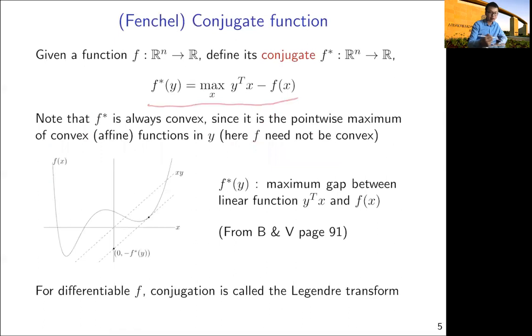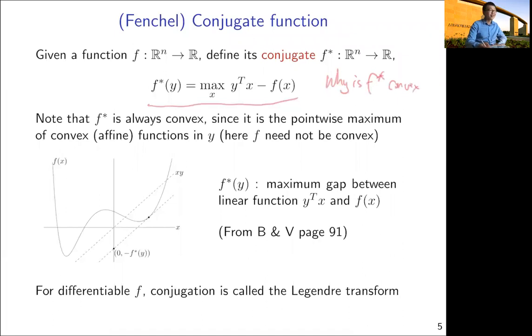Ultimately, this f star is a function of y. So can anyone tell me why the function f star is necessarily a convex function? Why is f star convex?